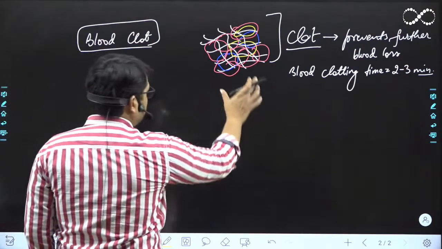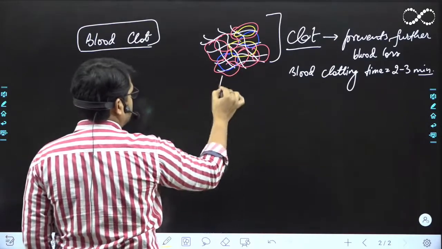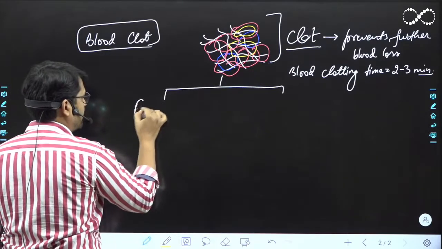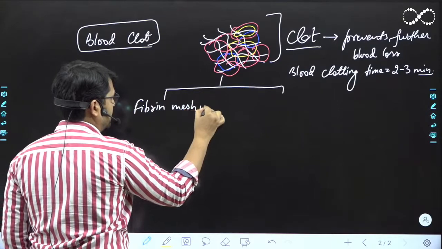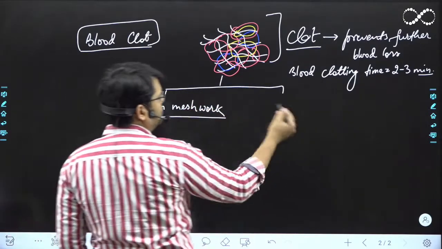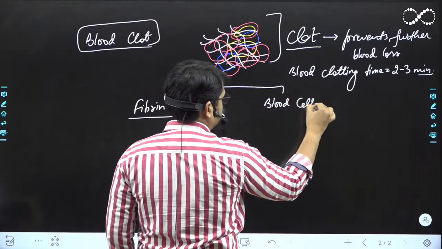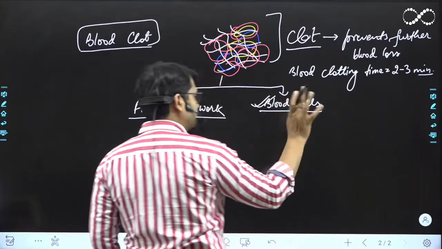Now if you look at this clot, you have two things, so this clot has two things. What are these? First one is a fibrine meshwork, right, जो कि white से मैंने बनाया था, और दूसरा क्या था, दूसरा is your blood cells. तो blood cells you know कि वो आकर के trap हो गया, that's fine.